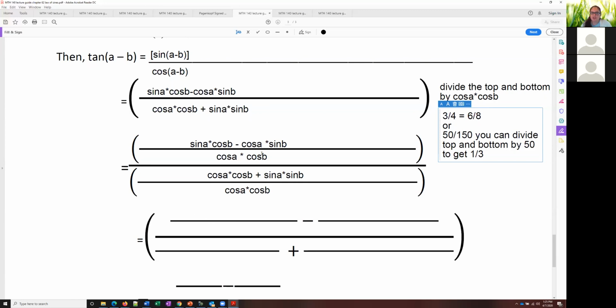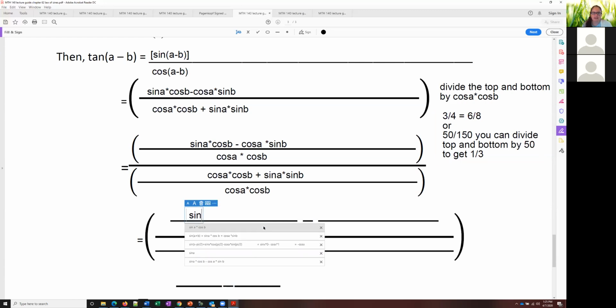So thinking about just the fraction on the top here, we've got a minus sign on the top, and that's going to allow us to take this single fraction and split it up into two pieces. Okay, so the two pieces that we get will have the sine of a times the cosine of b over the cosine of a times the cosine of b.